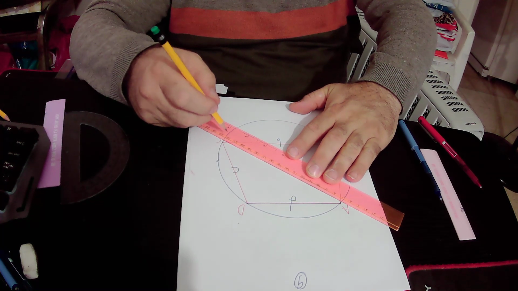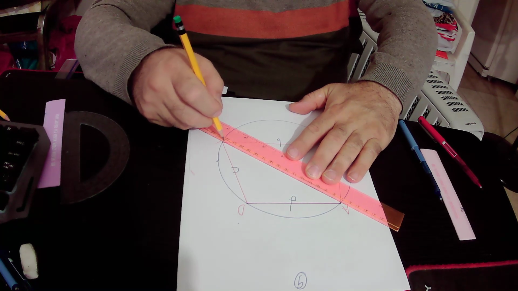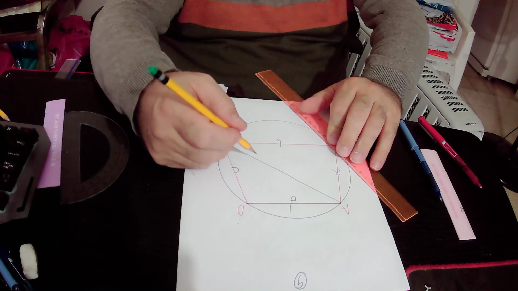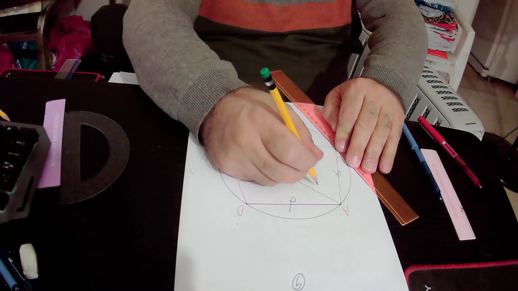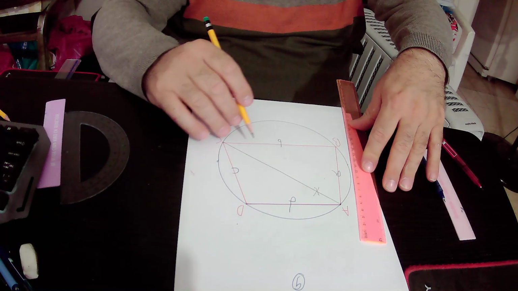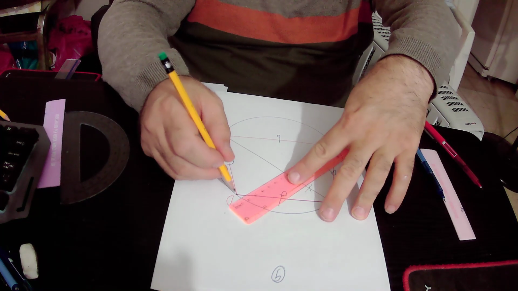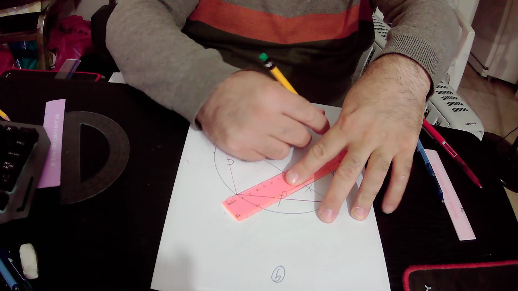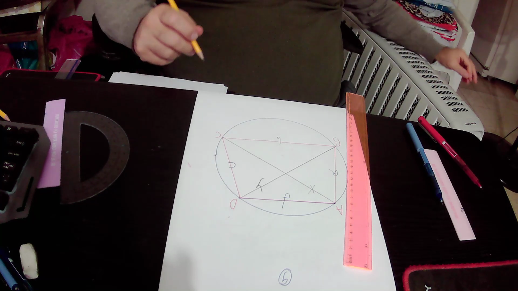The first diagonal of quadrilateral ABCD is AC, and the size of diagonal AC is X units, and the size of diagonal BD is Y units, or BD equals Y units in its size.